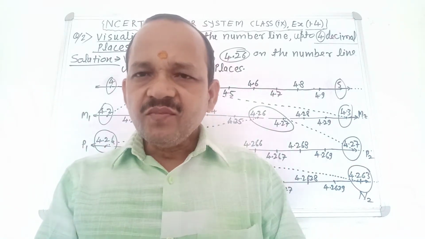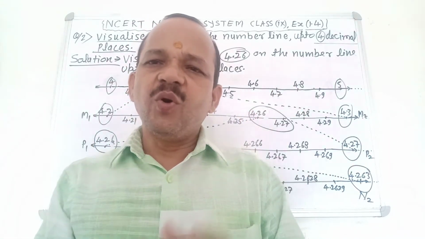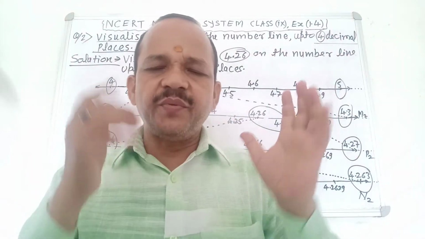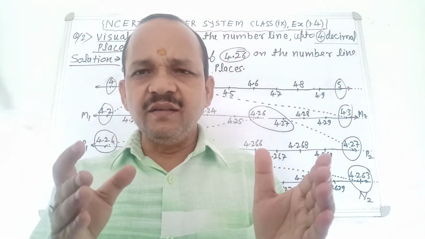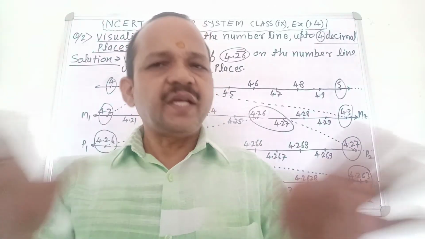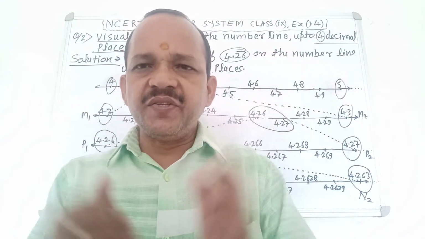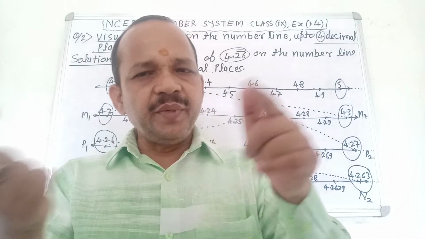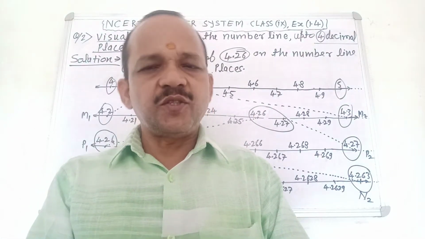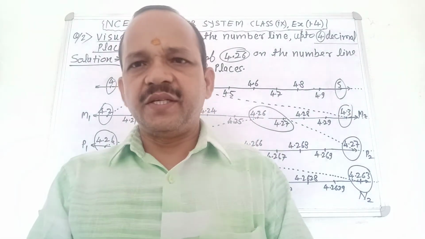Integers: the combination of whole numbers with negatives of natural numbers is called integers.